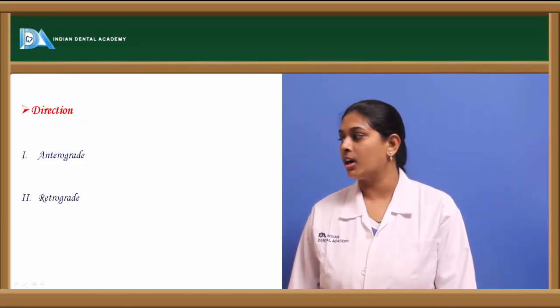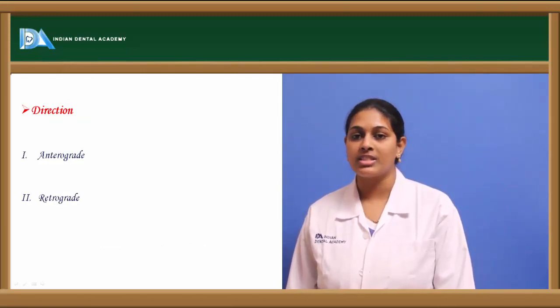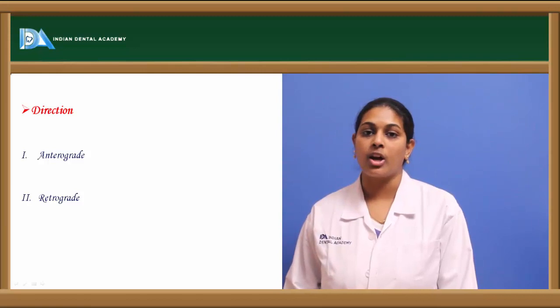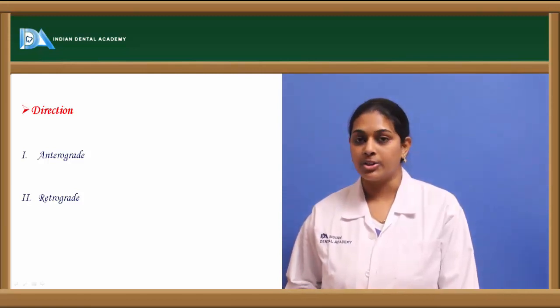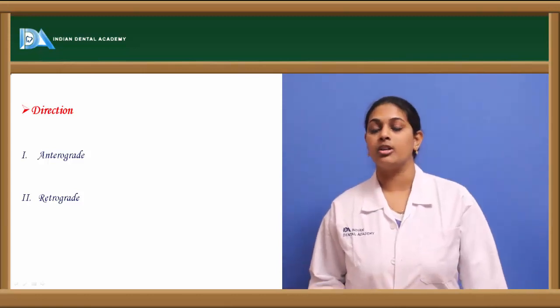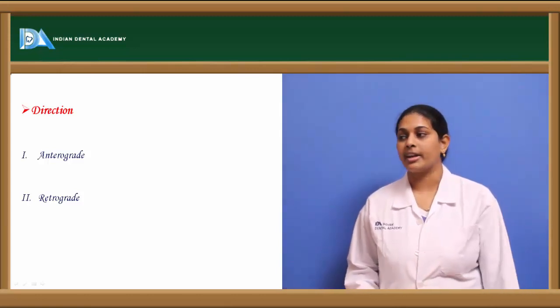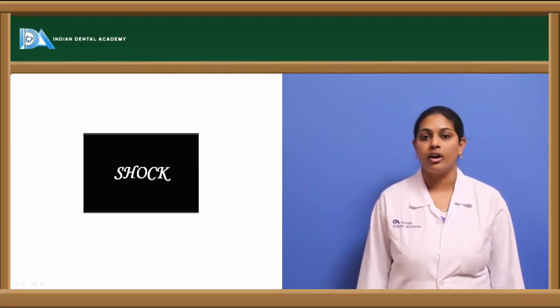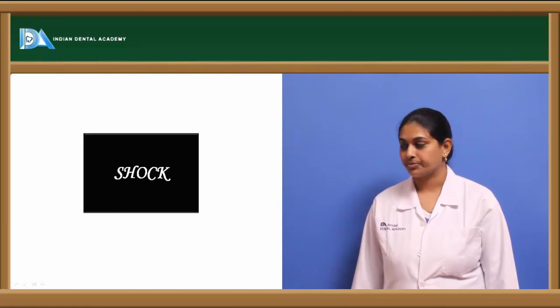In retrograde blood flow, because of the increased size of the emboli or changes in blood pressure, there is an opposite direction of blood flow. This is what we see as the complications of embolus formation. So this ends the topic of embolism. Coming to shock.